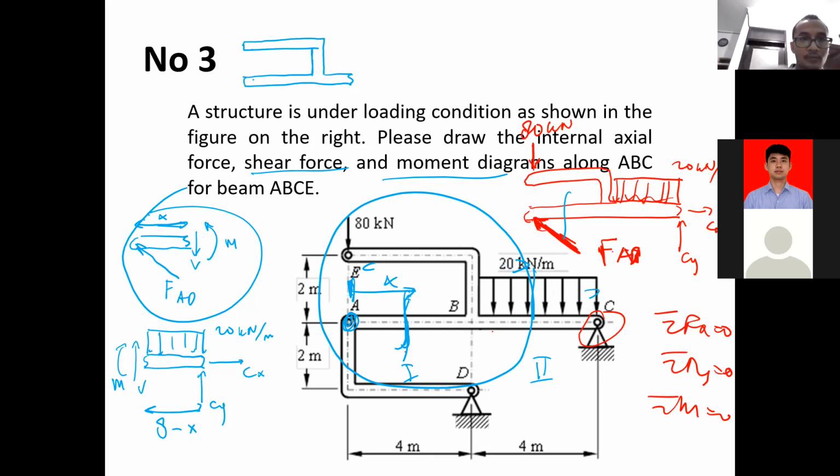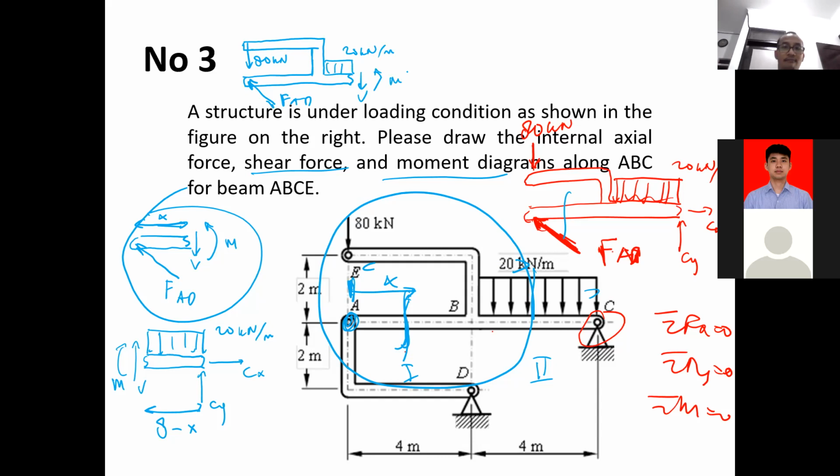And the force there, it will be FAD, and there will be 80 kilonewton here. There will be distributed force here. And there will be the V supposed to be going down and moment going up.